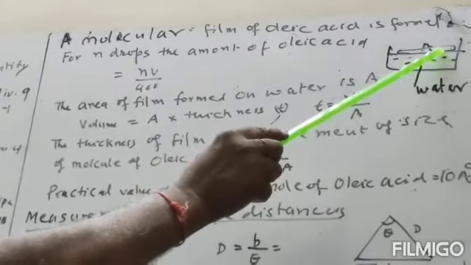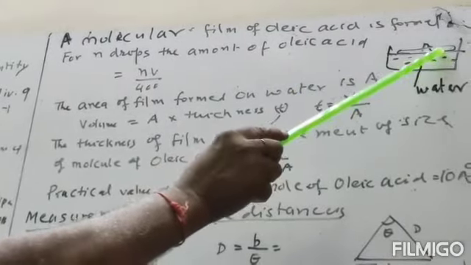So what will be the concentration? Concentration is 1/400, n drops, V is the volume of one drop. So this will be the total volume of the liquid solution. Now what will be the thickness?